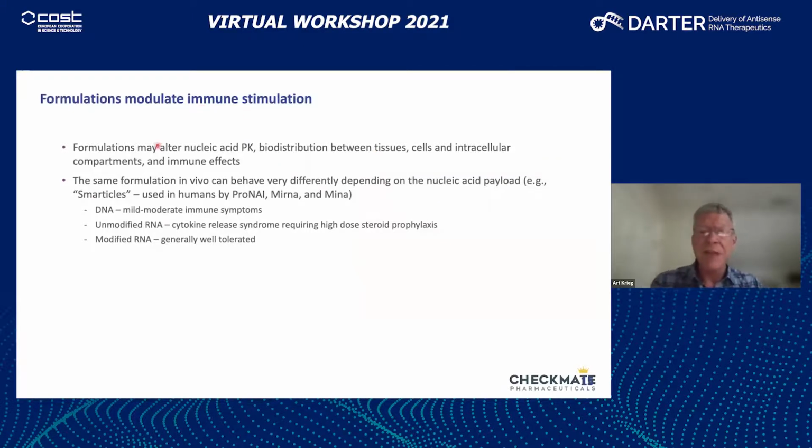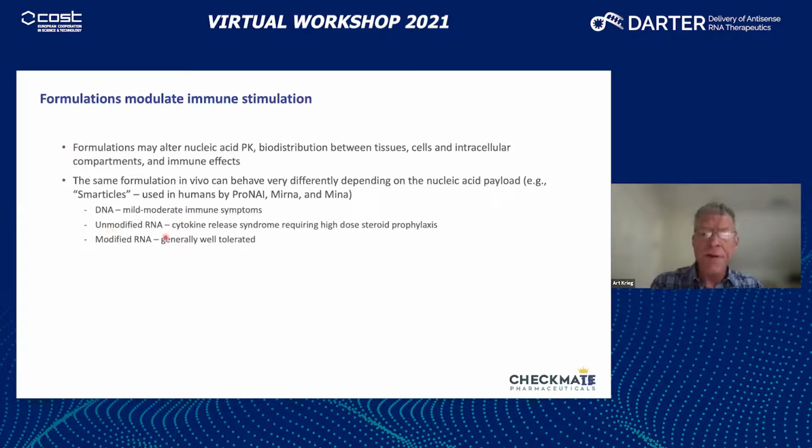It's probably obvious that formulations can alter PK and biodistribution. And just one point to make is that the very same formulation, Smarticles, was used by 3 different companies with 3 different nucleic acids, and they saw very different safety profiles. When a DNA cargo was loaded by Prony into Smarticles, there were mild immune symptoms.